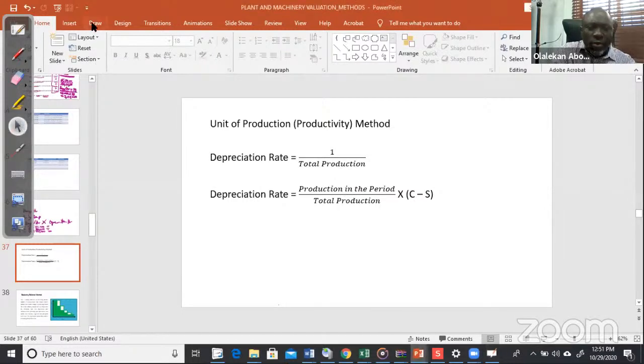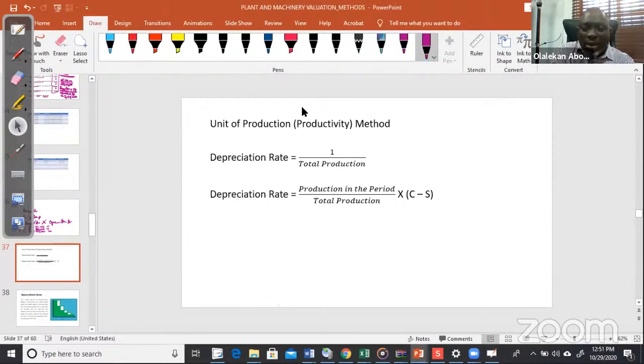So now with that, when you find the rate, 1 over total productivity, by the time you use it to multiply your depreciable sum, you are getting your depreciation per unit of product produced. So it means if they say it has produced so many cartons, therefore, you just use it to multiply the number of cartons. As simple as that.